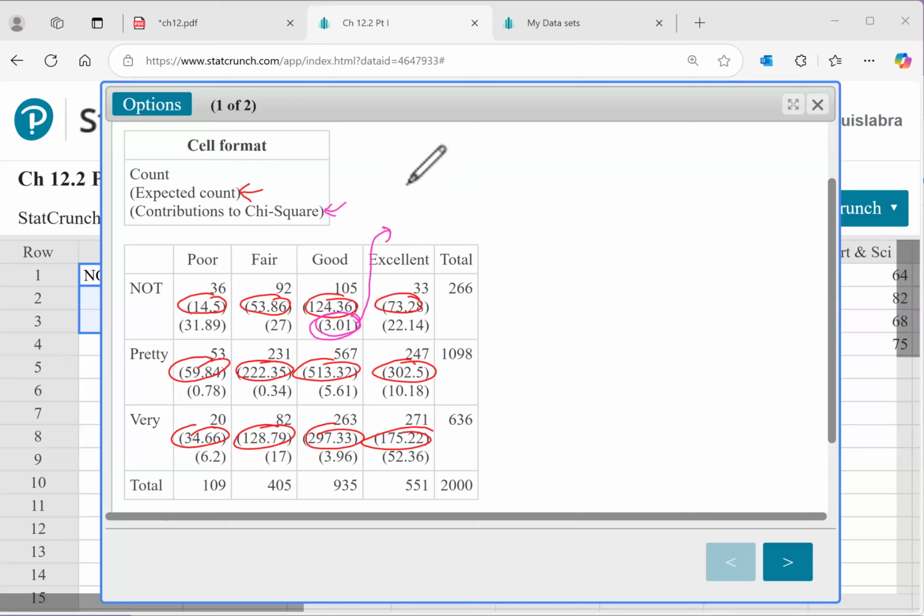That comes from the formula observed minus expected, squared, divided by expected. So if you actually take your calculator out and say, here's my observed, here's my expected, subtract them, square it, and then divide by the expected, you should end up with 3.01.